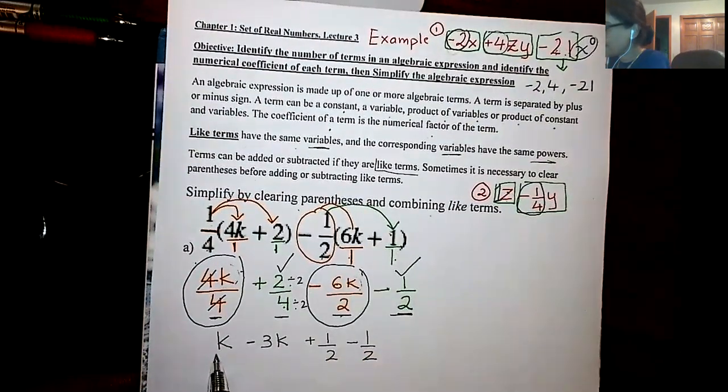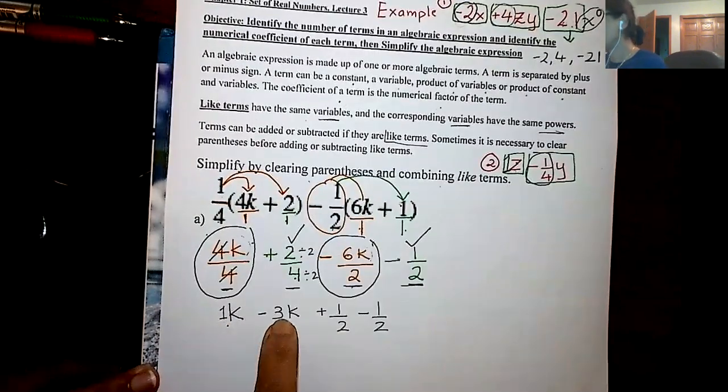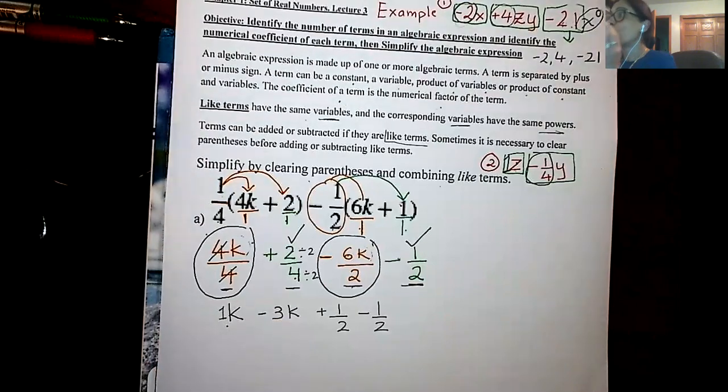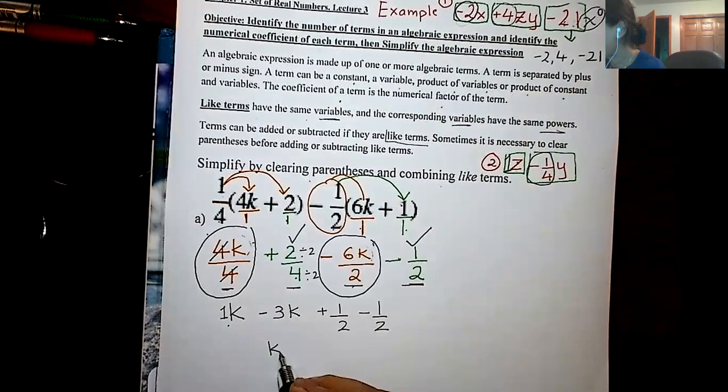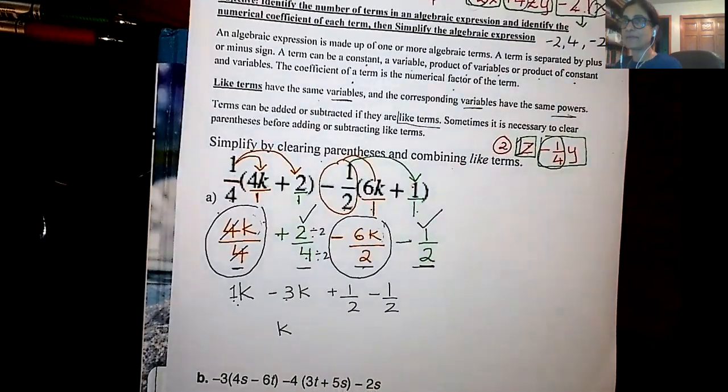Now, when I combine, this k has a coefficient of 1. The other coefficient is -3. So when you are combining like terms, that is adding and subtracting, the variable stays the same. So the k stays as it is. You're just adding and subtracting the numbers.